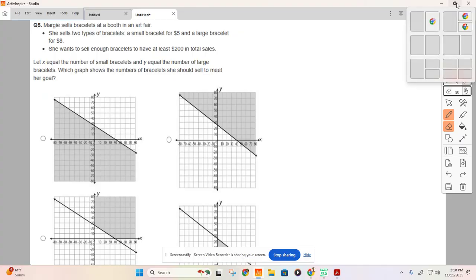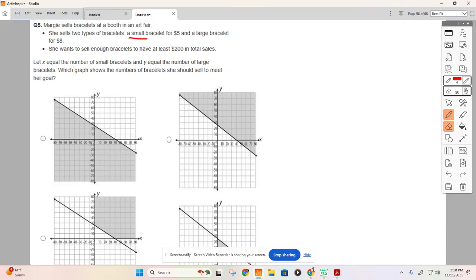All right, are we good? Let's look at number 5. So number 5, you have to come up with the inequality. It says Margie sells bracelets at a booth in an art fair. She sells 2 types of bracelets, the small one, which is $5, and a large one, which is $8. She wants to sell enough bracelets to have at least $200 in total sales.